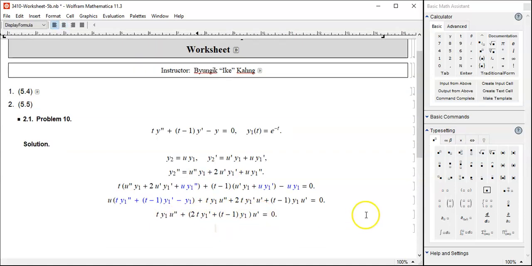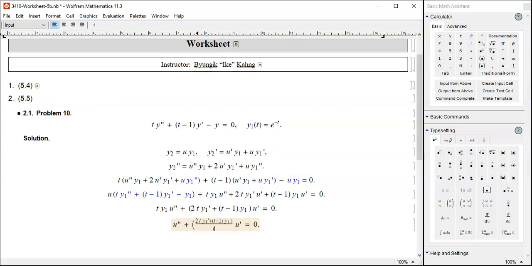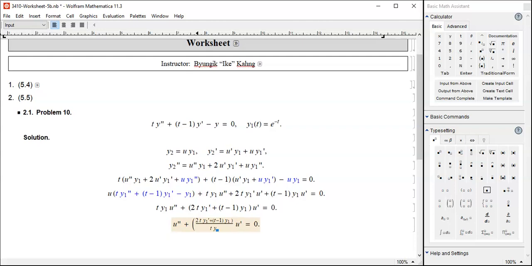Let's work it out. Let's copy and paste this thing. Divide everything by this. Then dividing all these by t y1, and let's see.